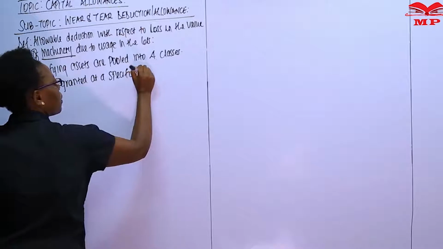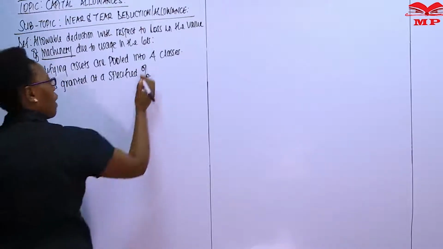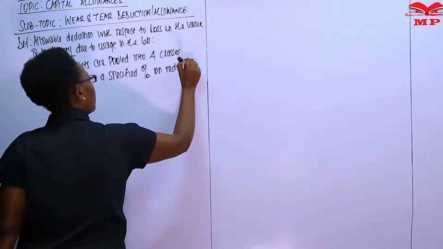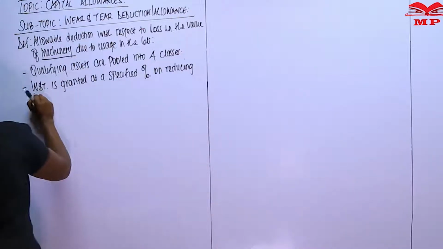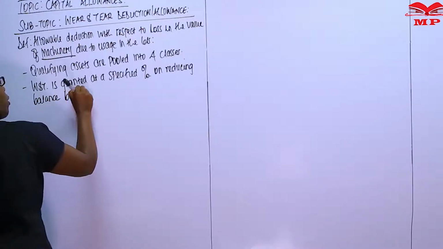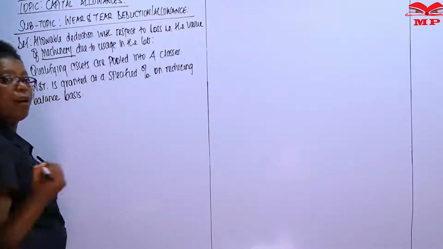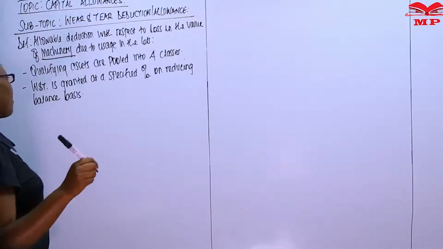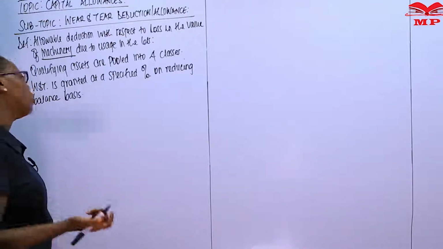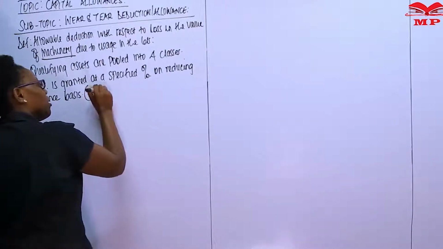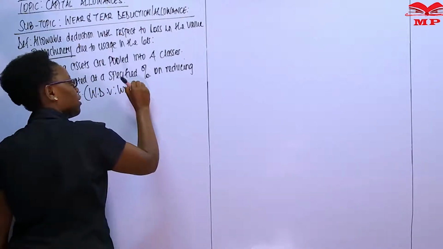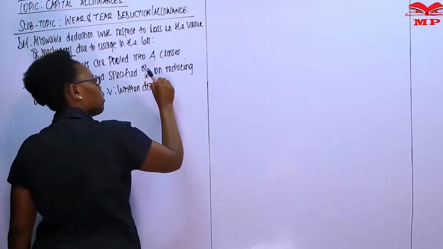This percentage is specified by the commissioner on reducing balance basis. We said in our earlier lesson that reducing balance basis gives you the accounting equivalent of net book value, which we said is called WDV, or written down value.